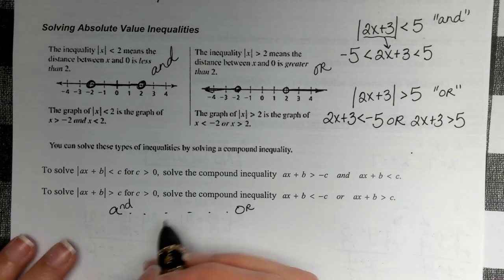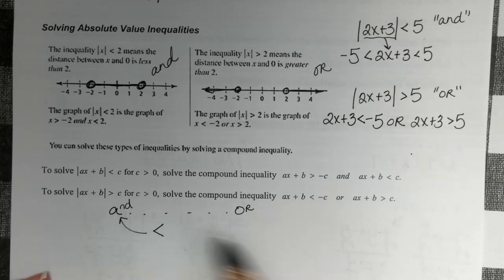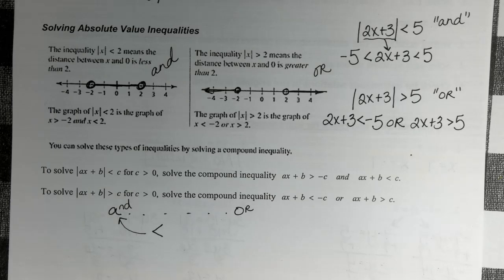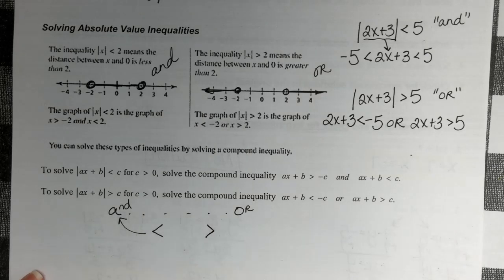If I have less than, what direction is it pointing? To the A or the O? It's pointing to the A for "and." So if it's less than, it's pointing to A for "and." If it's greater than, it's pointing to the O for "or."